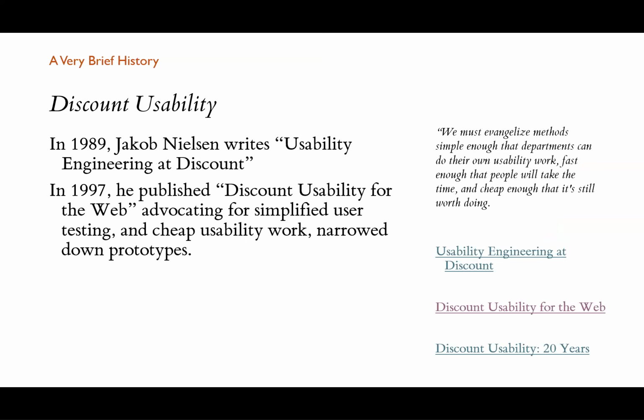In 1997, with the web, he published Discount Usability for the Web, really advocating for simplified user testing, cheaper usability work from a cost perspective, and those narrowed down prototypes. The quote I have on the right: we must evangelize methods simple enough that departments can do their own usability work, fast enough that people will take the time, and cheap enough that it's still worth doing.